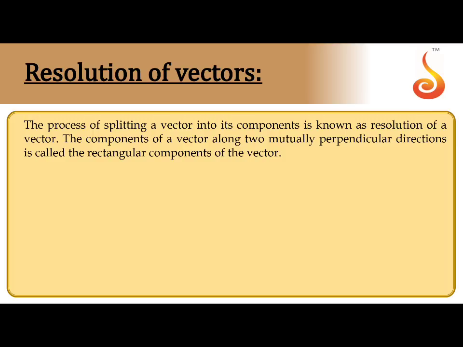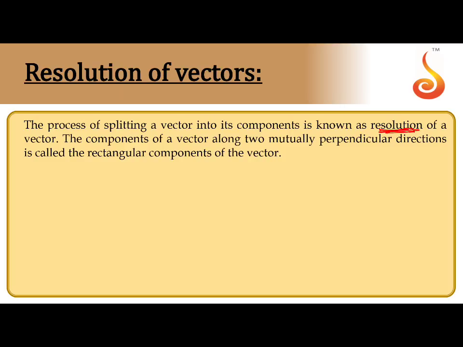Now we will go to the next concept called resolution of vectors. The process of splitting a vector into its components is known as resolution. This is nothing but the reverse of the previous rule. In the previous one, there were two or more vectors, and you combine them to make a single vector called the resultant.